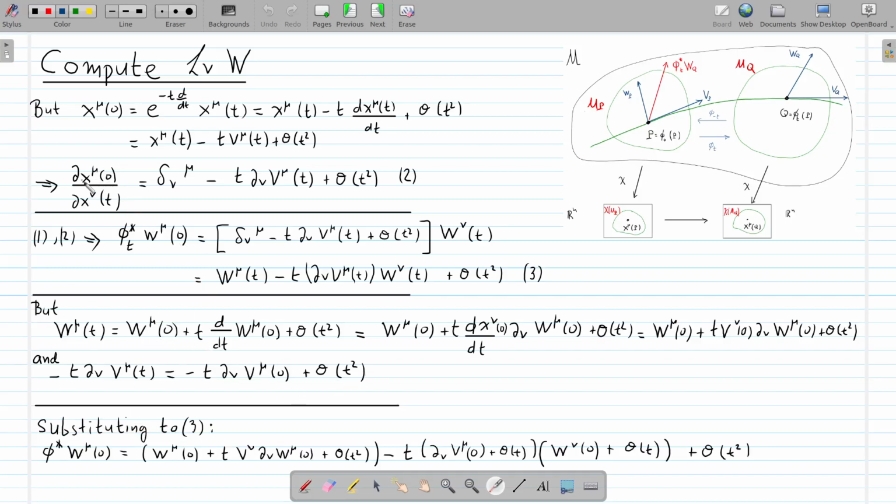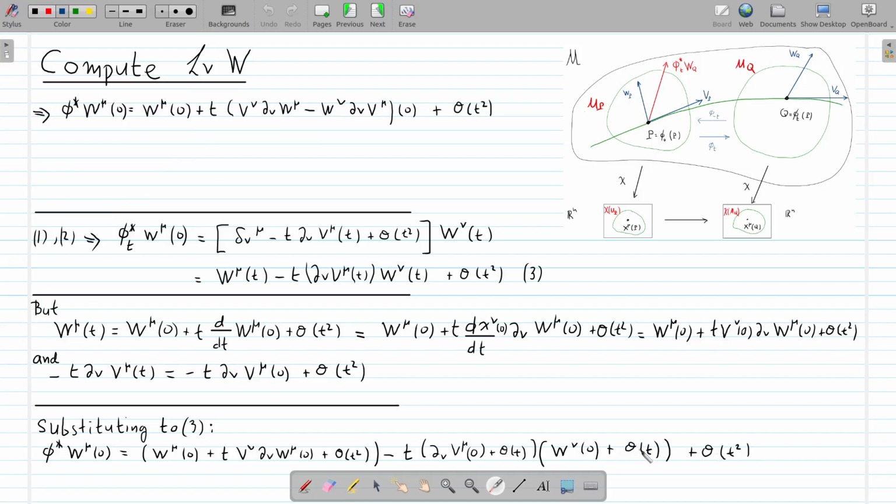Substituting this to equation 3 here, we obtain that this component here is equal to this expression, and if we keep terms up to order t and ignore higher order terms, we see that this component of the pullback vector is given by the component of W at the point P plus this term here.